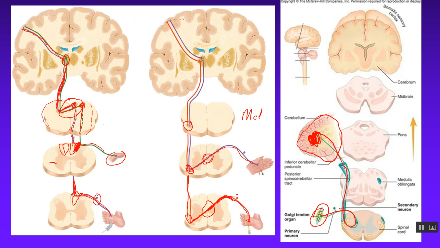I also could have left-sided problems with pain and temperature, right? Because those both cross over. These are called contralateral pathways. The cerebellar unconscious pathways are ipsilateral pathways. So damage to the cerebrum causes opposite-sided loss of sensation. Damage to the cerebellum causes same-side loss of coordination. So that's functionally important to know.